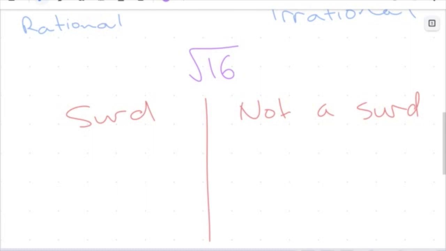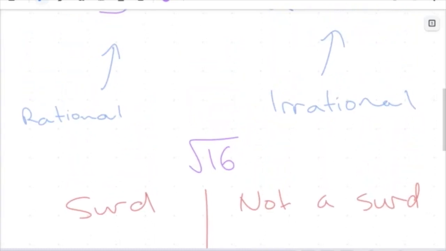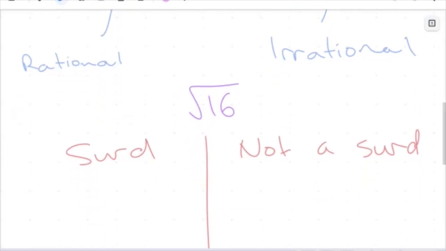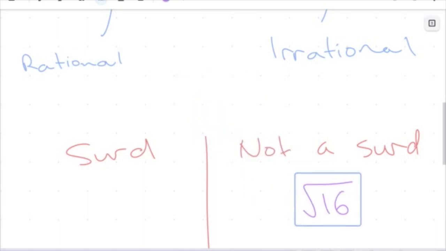The number that multiplies by itself has to be rational. That is the main idea here. So I can get 4 multiplying by 4 to give me 16. So taking the square root of 16 gives me back a rational number of 4. So this is not a surd.